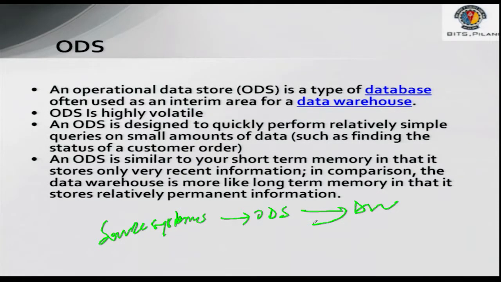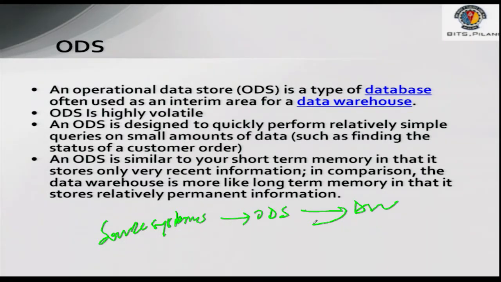ODS is highly volatile. If you remember the characteristics of a data warehouse, a data warehouse is not volatile. That is one of its characteristics. Whereas ODS is highly volatile, and ODS is designed to quickly perform relatively simple queries on a small amount of data, such as finding the status of a customer order.